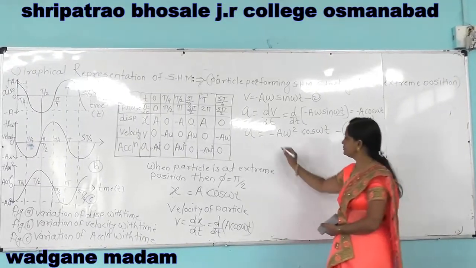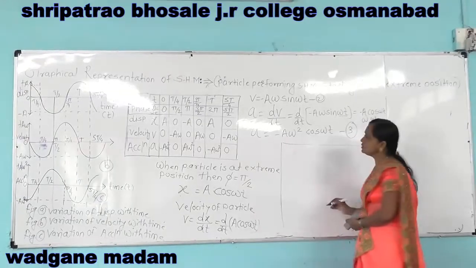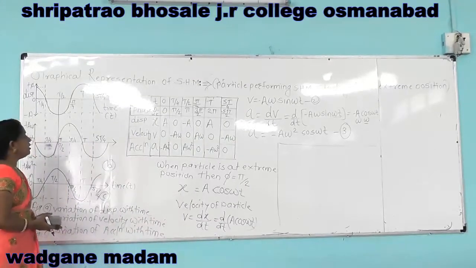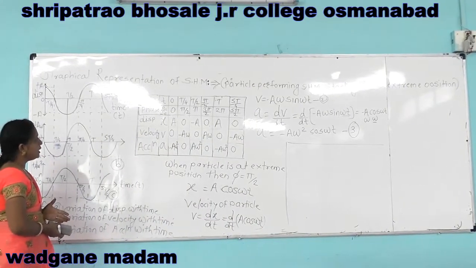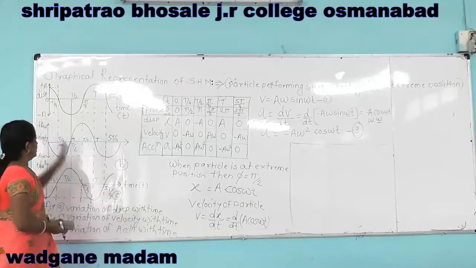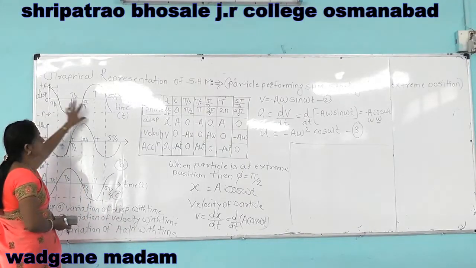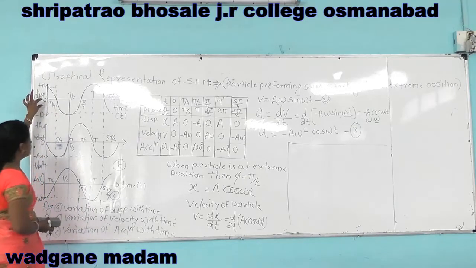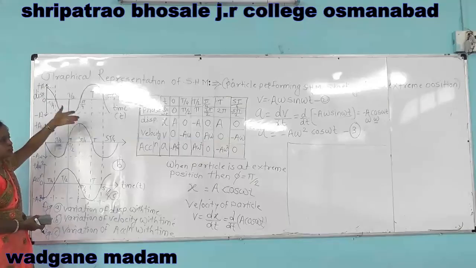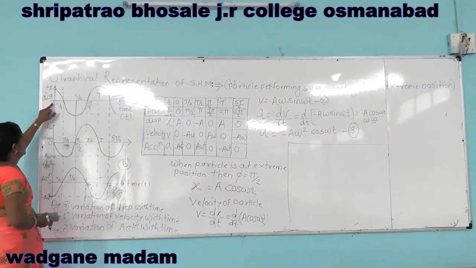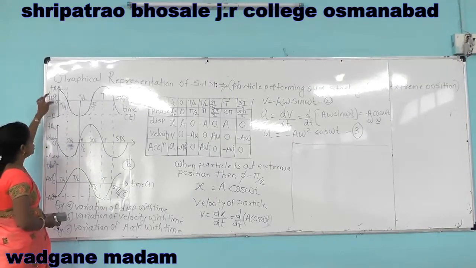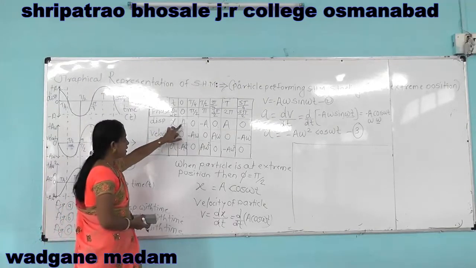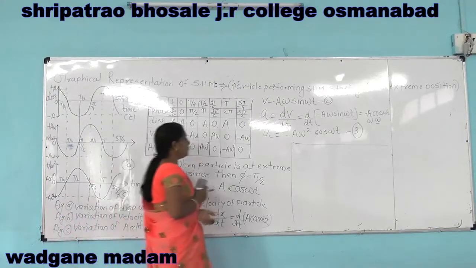After that we can discuss how this table occurs, or how the particle varies with respect to time. For that purpose we have to consider the corresponding time intervals. At first we consider how displacement varies with respect to time. Let us consider that the particle starts from the extreme position, so when time is 0, the displacement becomes a.